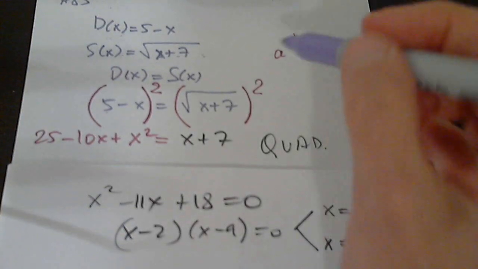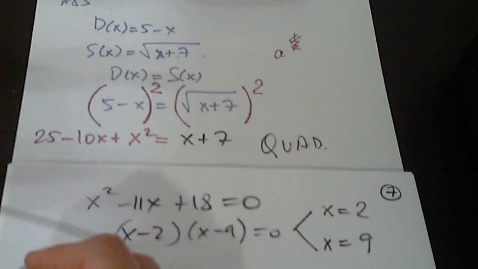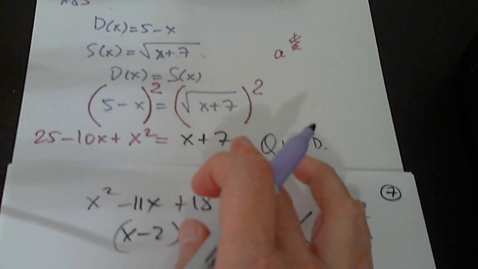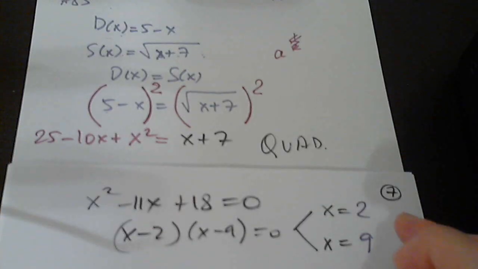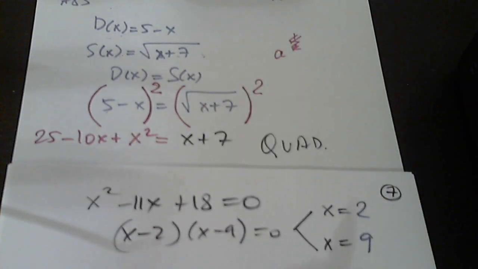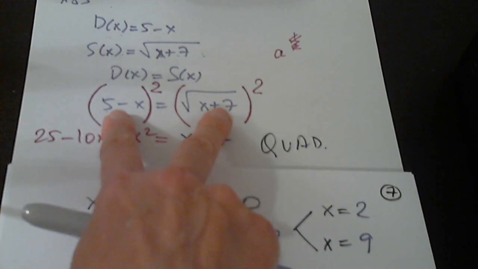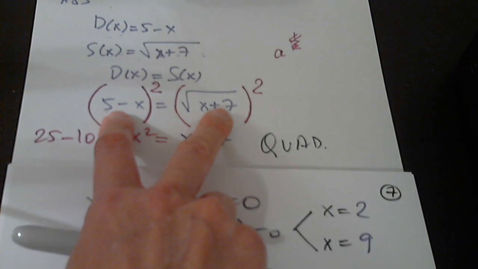Now, whenever we square, here's a note for you. When we square both sides, it's a must to go back and check. They may or may not work. They definitely work here, but they may not work in the original problem.